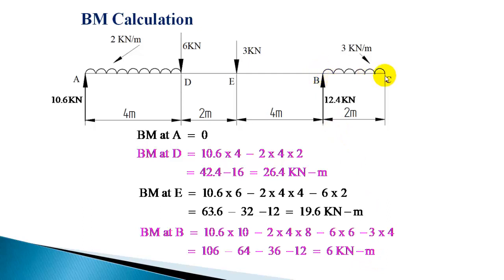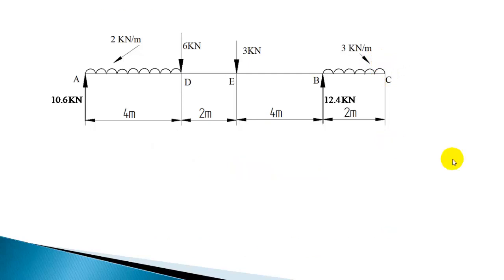And bending moment at C is 0, and that is the extreme right end, and there is no couple there, so bending moment at C is 0. Now to know the nature of variation, let us take a section here and calculate. If you check the shear force for this section, it is 10.6 minus 2x.